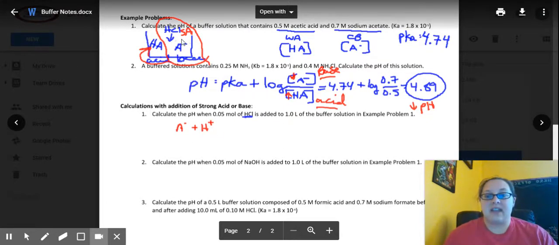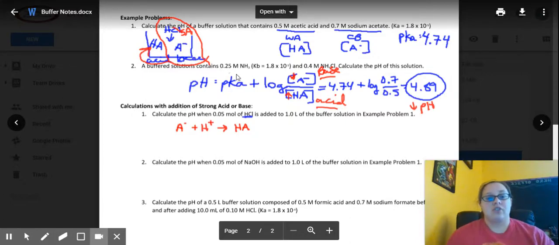This is the base A minus plus the H plus. We don't care about Cl, that's a spectator. We're worried about H plus coming in or OH coming in. So A minus plus H plus, and when those react, we're going to form the acid component, which is HA. You see how that's a really simple way to show you the reaction of what's happening.